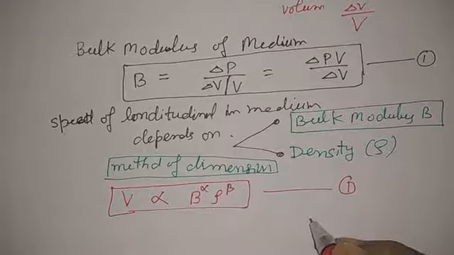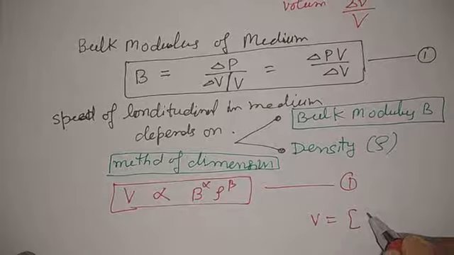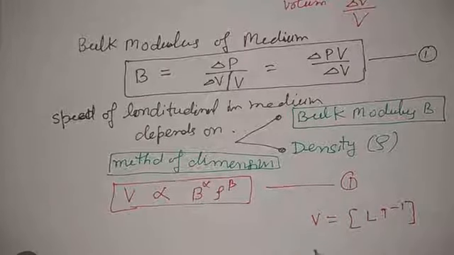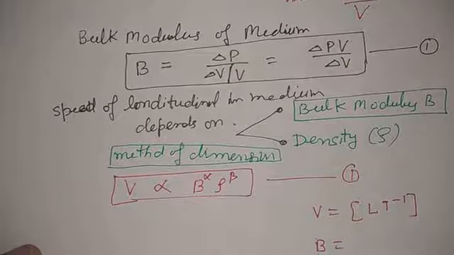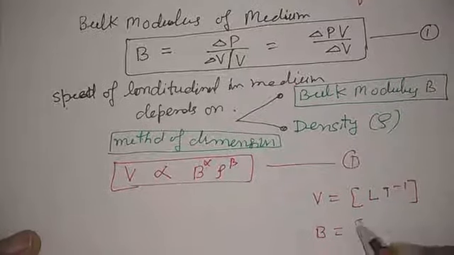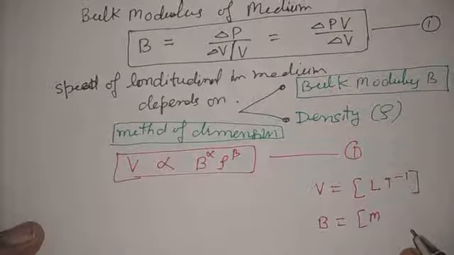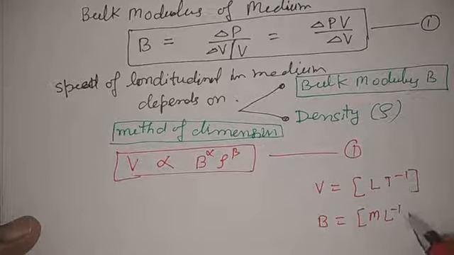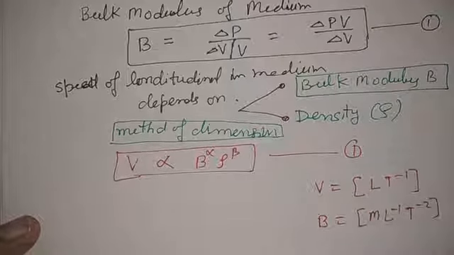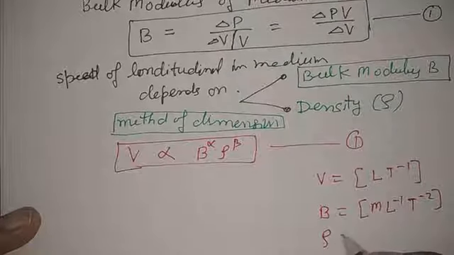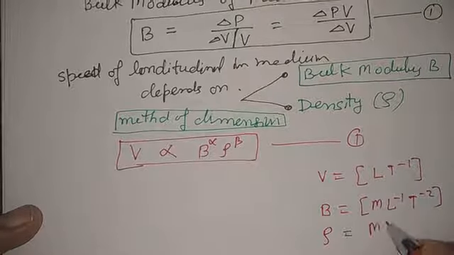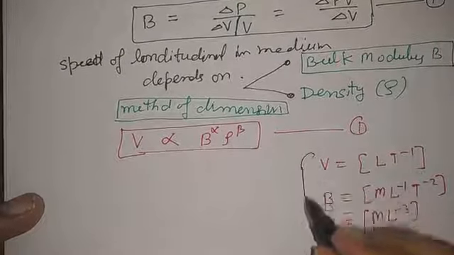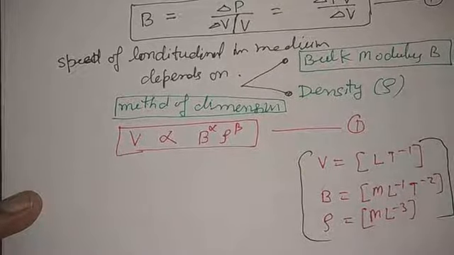The dimensional formula of velocity is L T to the power minus 1, bulk modulus is M to the power 1, L to the power minus 1 and T to the power minus 2, and density, mass per unit volume, is M L to the power minus 3. So these are the dimensional formulas of the physical quantities used here.